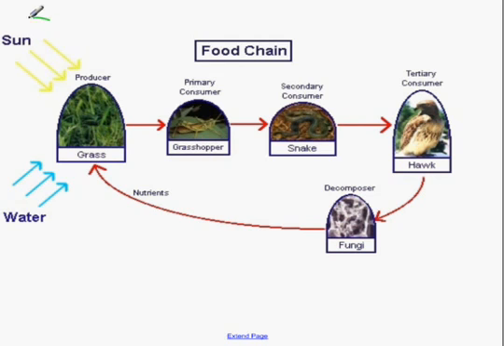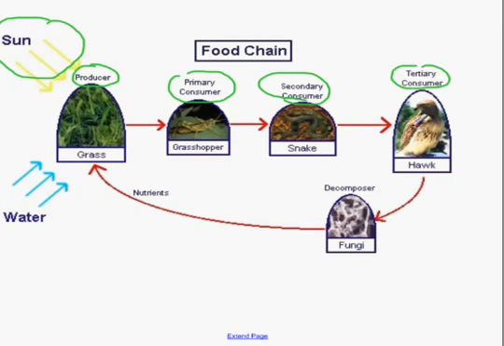So the energy started here at the sun, and we have a producer here, for example, grass, that utilizes the energy. Grass is then eaten by a primary consumer here, which is an herbivore, who's then eaten by a secondary consumer, who's a snake, an omnivore, and then a tertiary consumer, like a hawk carnivore, eats that.